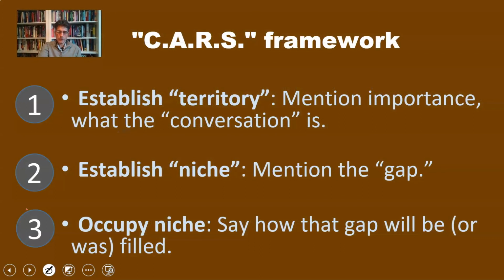So, as we've seen before, and just to recap before we move on, move one is where authors establish territory, where they mention what the conversation they're entering is. Move two, whether in the introduction or in an abstract, is where they establish a niche. And three, they occupy that niche, talking about what the gap is, or how it was filled.